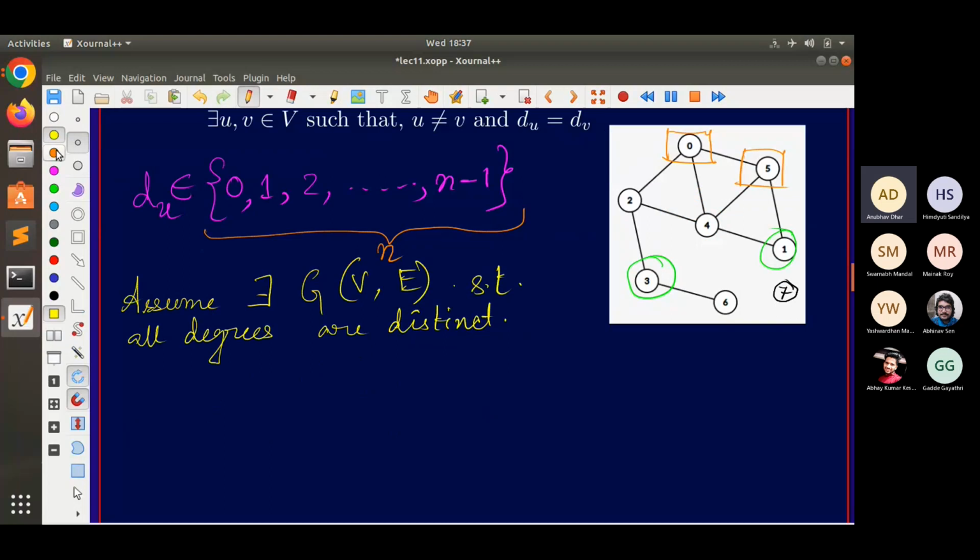Now, what does this mean? This means that there will be one vertex of degree 0, there will be one vertex of degree 1, one vertex of degree 2, one vertex of degree 3, up to n minus 1, right?